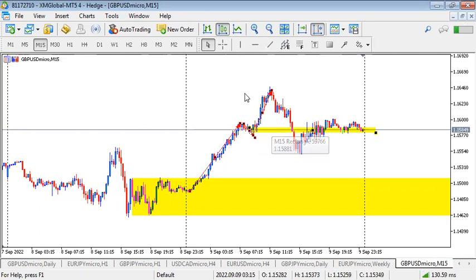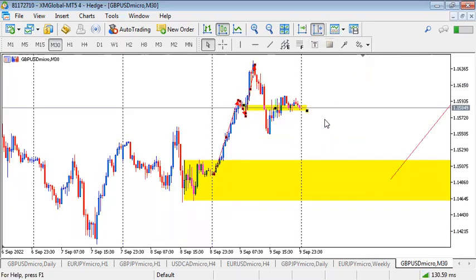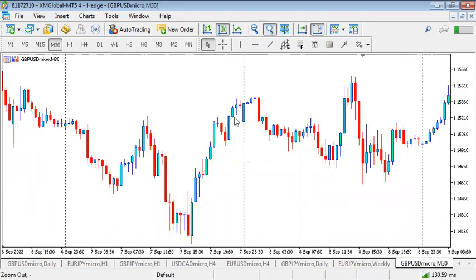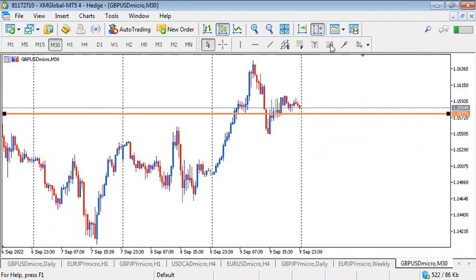And then on the 30 minutes, we have the same thing. This support region was broken to the downside.